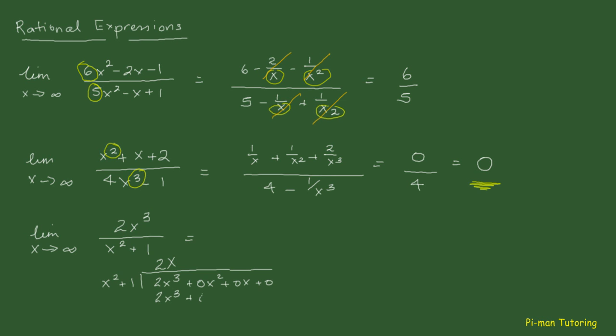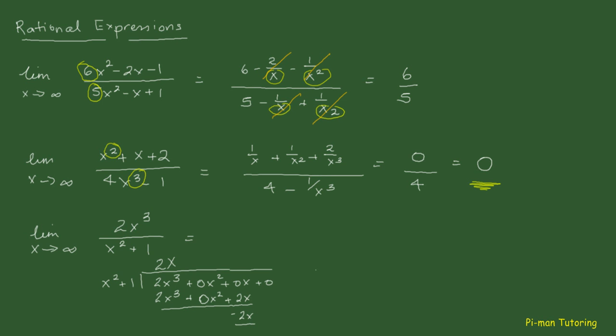And the 2x times 1 gives me no x squareds, but it does give me 2x's. And if I subtract those, I'm just left with 0x minus 2x, which is minus 2x. And so that's my remainder.